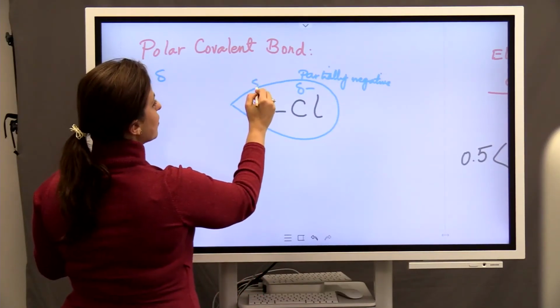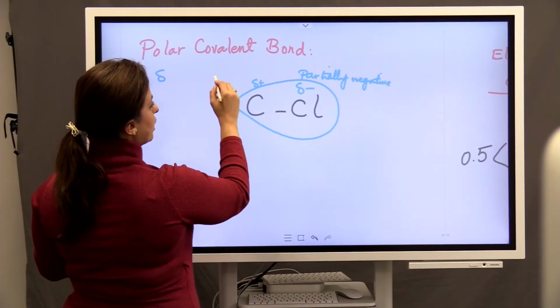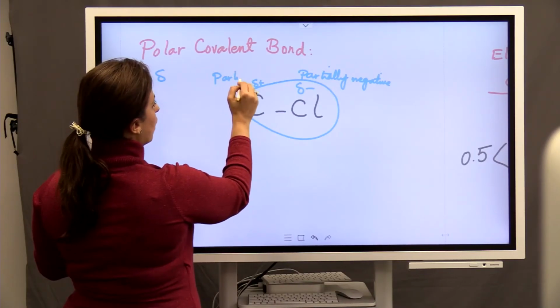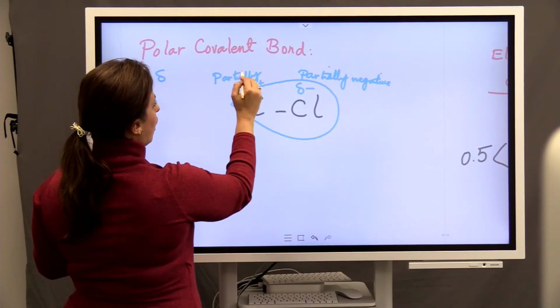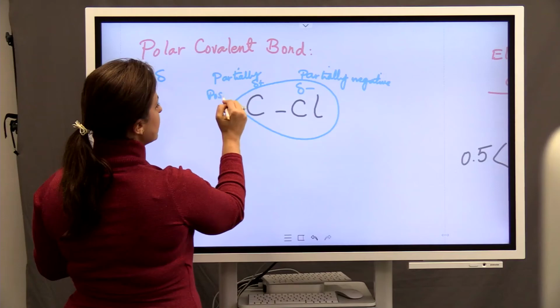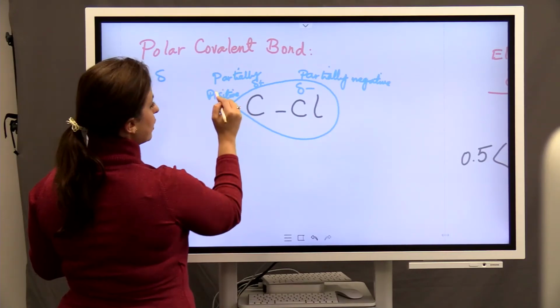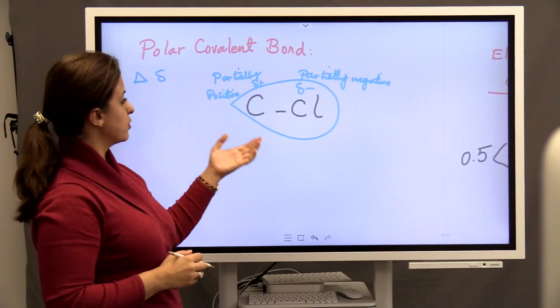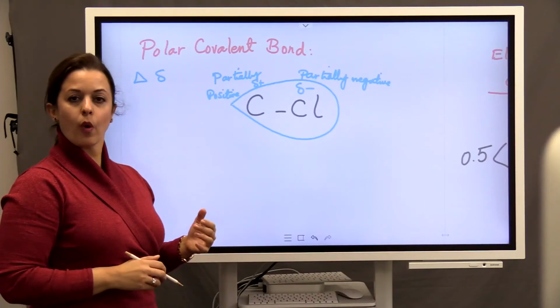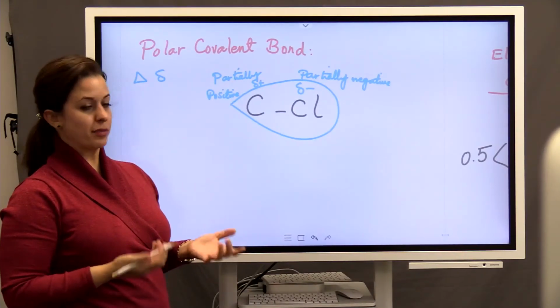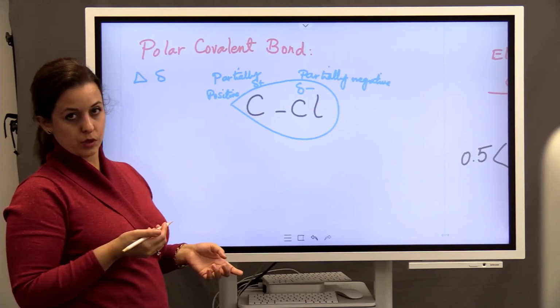And on top of carbon, we put partially positive. We say partially because comparing to chlorine, carbon is more positive. Comparing to carbon, chlorine is more negative. This is something relative, something partial, not absolute.